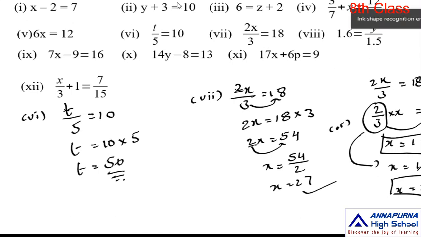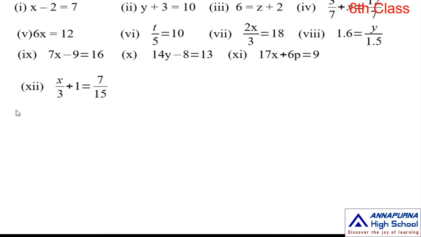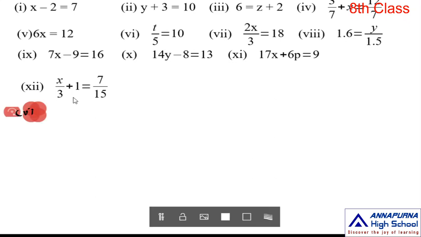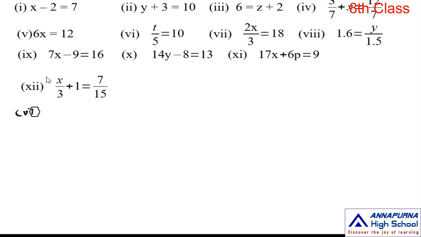Let us come to the 8th one. 1.6 is equal to y by 1.5. In this equation, how many terms are there? There are two terms. 1.6 is one term and y by 1.5 is another term.